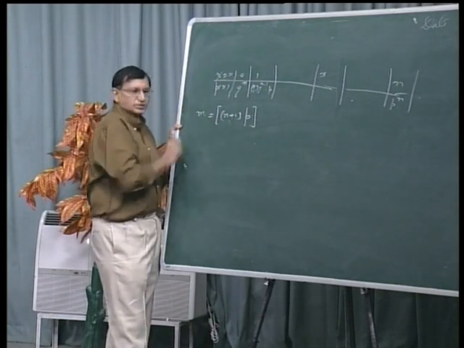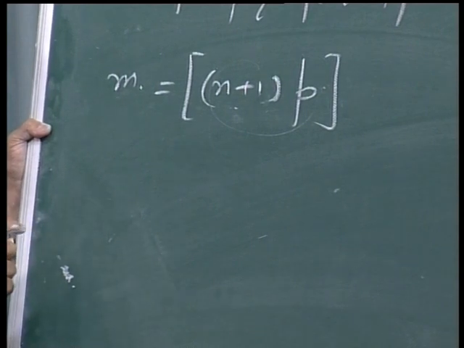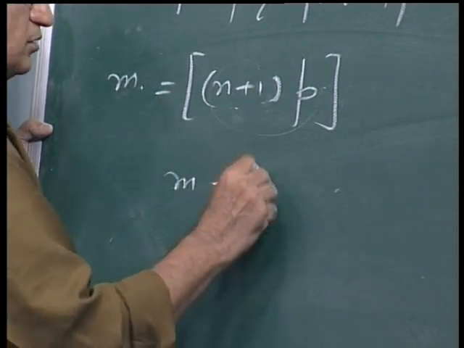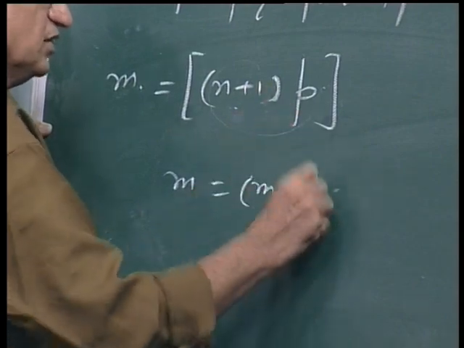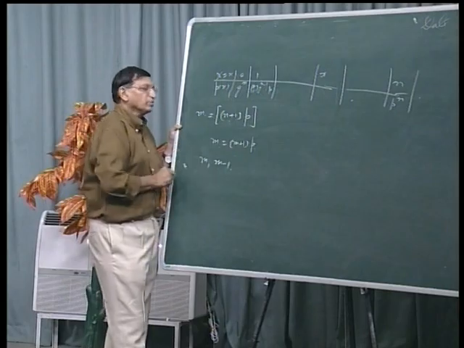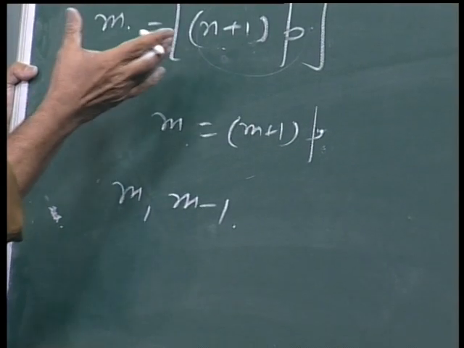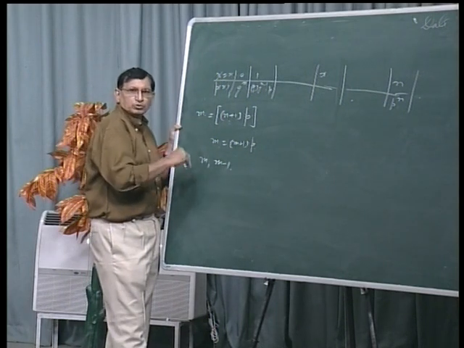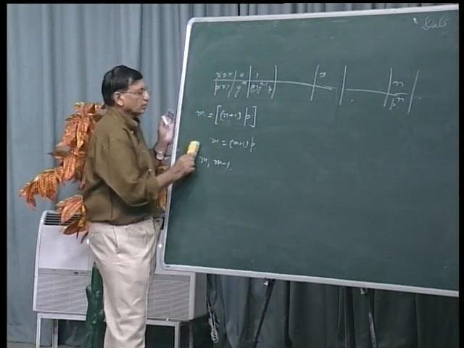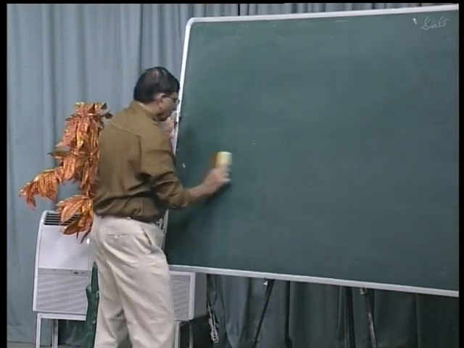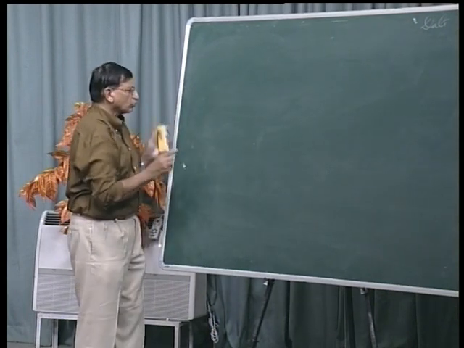If (n plus 1) into p is an integer, then the distribution is bimodal, there will be two modal values, m and m minus 1. So depending upon whether (n plus 1) into p is an integer or not, we can have a unimodal or bimodal distribution. There are certain other properties also.